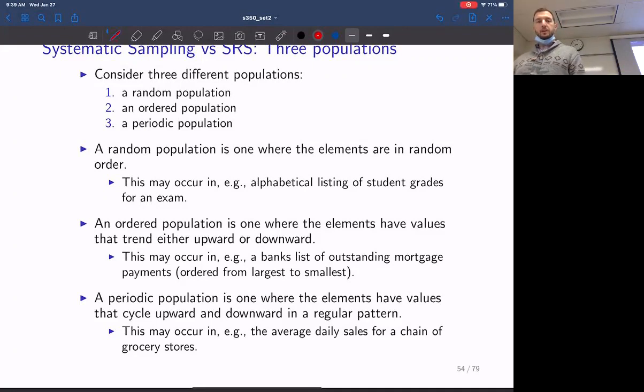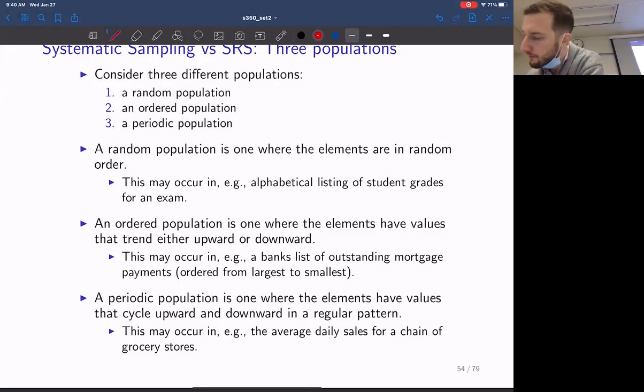The ordered population is the population where the elements are going to have a trend associated with them. So the values are either going to be increasing or decreasing. Okay? In this case, we'll explain in a second why this is a situation where the value of rho would be negative. And as a result, we would expect SRS to act as an upper bound.